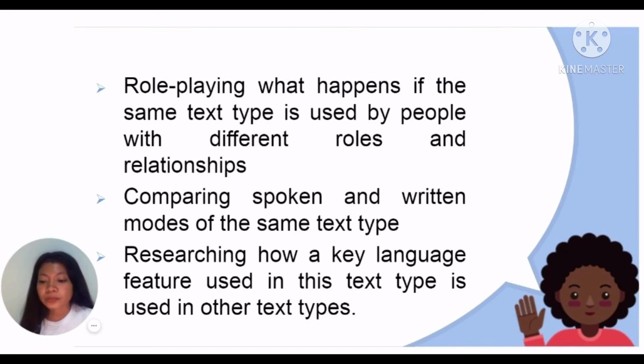And the last one, researching how a key language feature used in this text type is used in other text types. A text type is a simple framework that helps you to construct and create a piece of writing. Different text types demand particular use of language. Teaching text types is different from assigning text types.